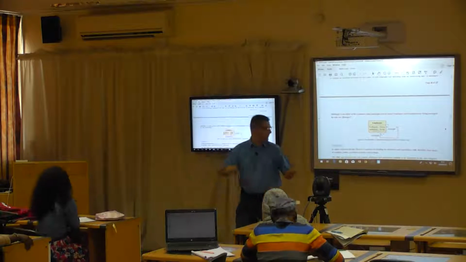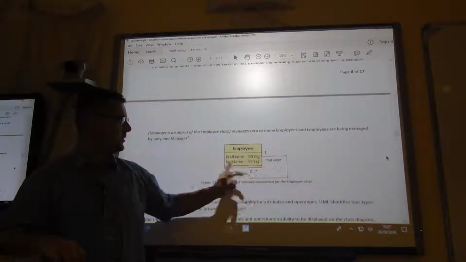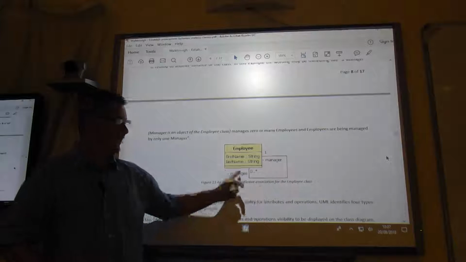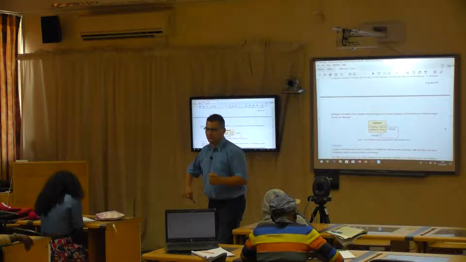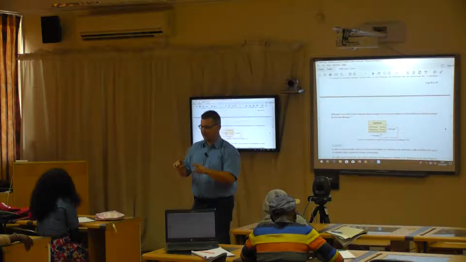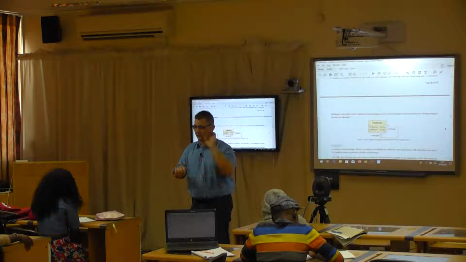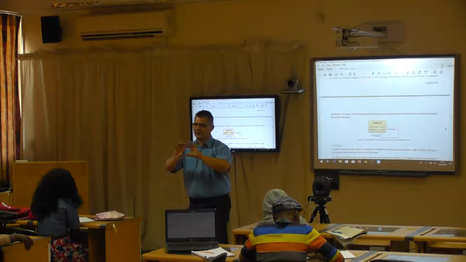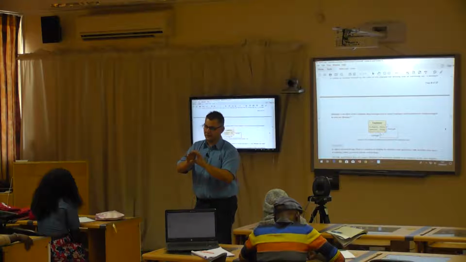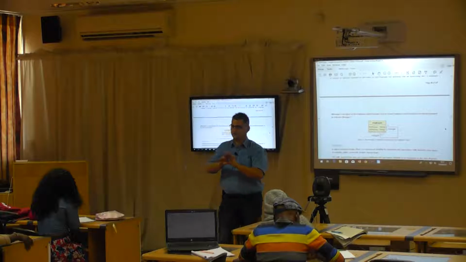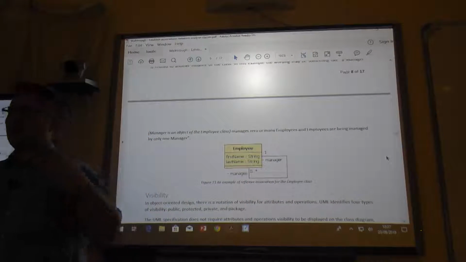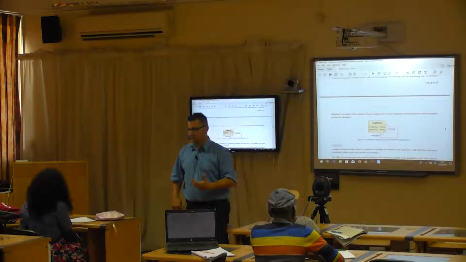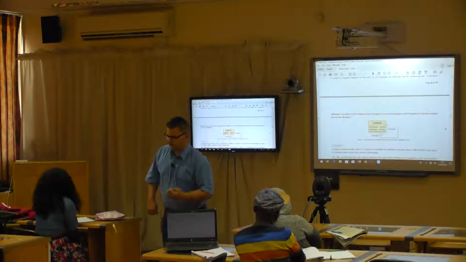So one object is related to other objects of that same class. That association, just the line that goes like that, is telling us that this class is related to the same class again. Now again, because it's an association, we can have multiplicity and role names and all of that on our diagram. Did I answer you?